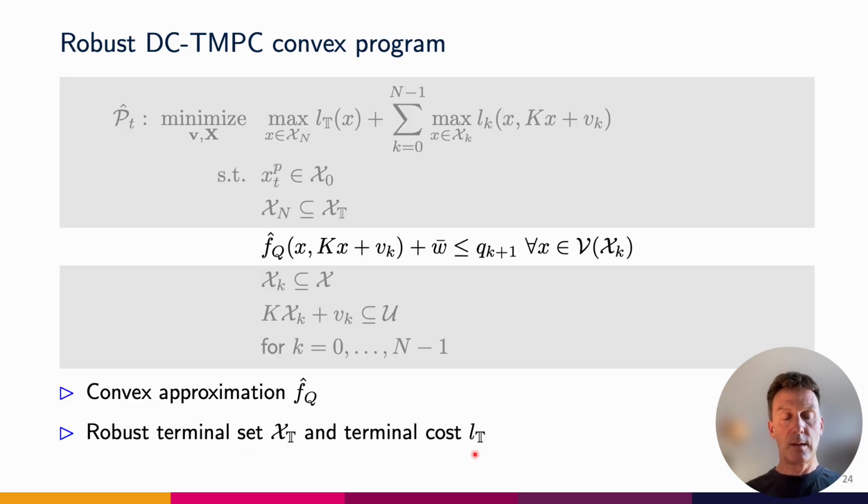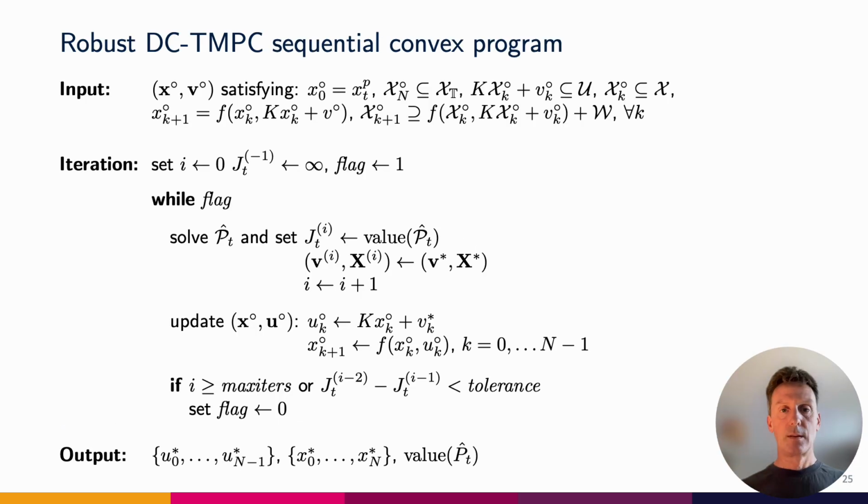These can be done using standard techniques from the MPC literature, so I won't go into this in any more detail. So the robust MPC strategy that we obtain with this explicit method of handling disturbances looks very similar to the strategy we had when we had no disturbances.